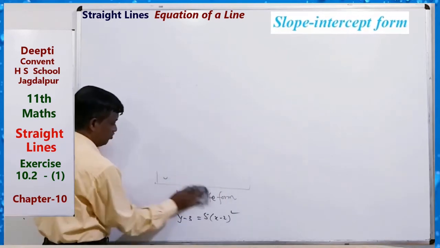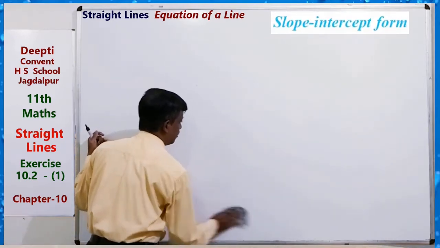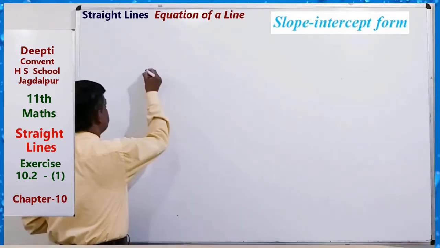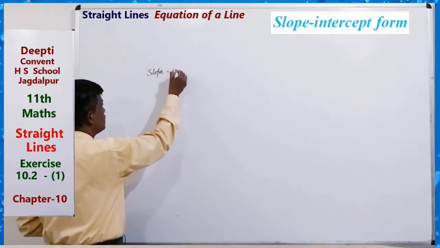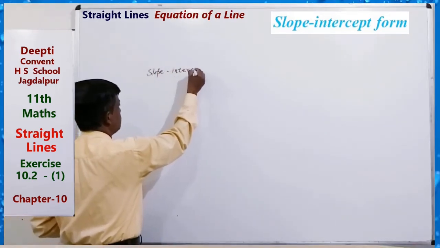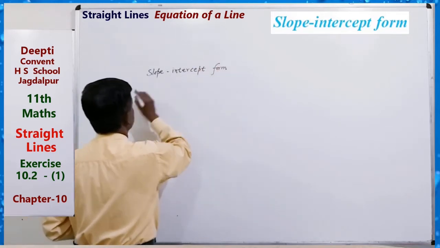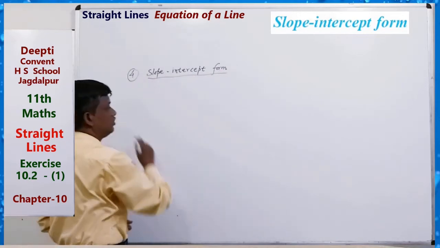Intercept means the value, just like any real number. This is the fourth form.